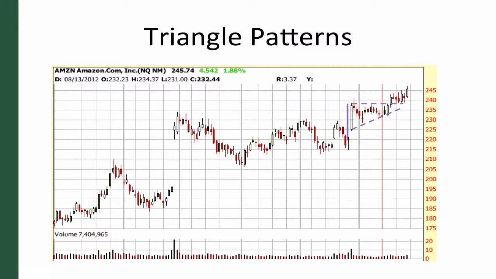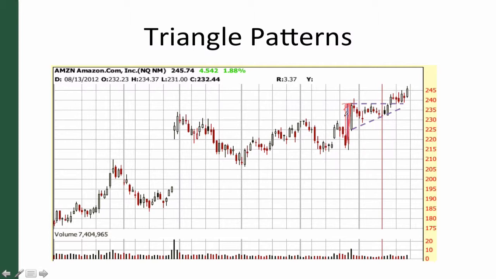One of the things that you can do with the horizontal and trend line resistance is combine them together into a pattern. Here we see a pattern, and this is called a flag, a bull flag or a pennant or a triangle pattern. It goes by different names. But here we see we've got a flagpole, and this flagpole goes up to about the 238 level.